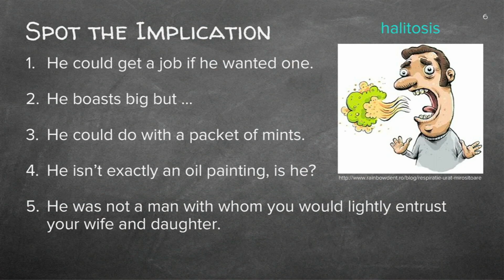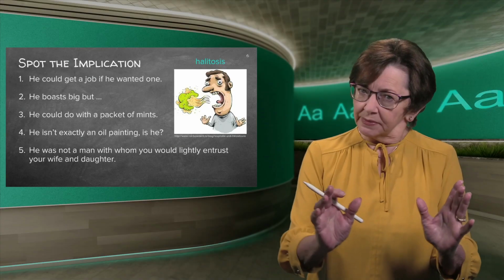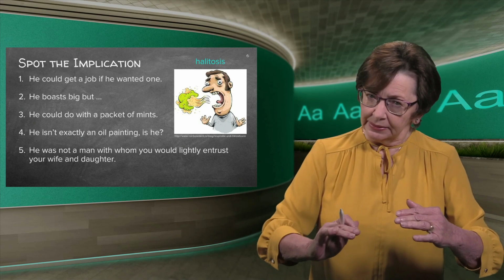So the implication is that he talks too much and he isn't really as good as he tries to make himself out to be. If you say he could do with a packet of mints, you probably mean that he's suffering from a bad case of halitosis. That means bad breath.